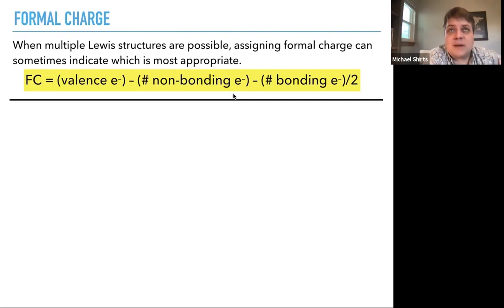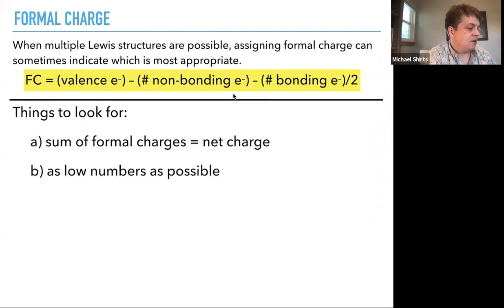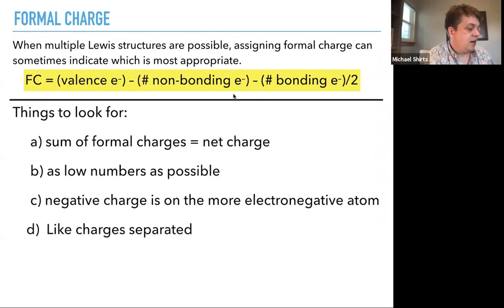If you have one +1 and one -1 in a resonance structure, it is not nearly as stable as one with no formal charges total. And if you have to have formal charges, you want the negative charge to be on the more electronegative atom. So those are the things we want to look for. And one other thing is that you want the like charges separated. If you have two minuses, or two pluses, they should be as far apart as possible.